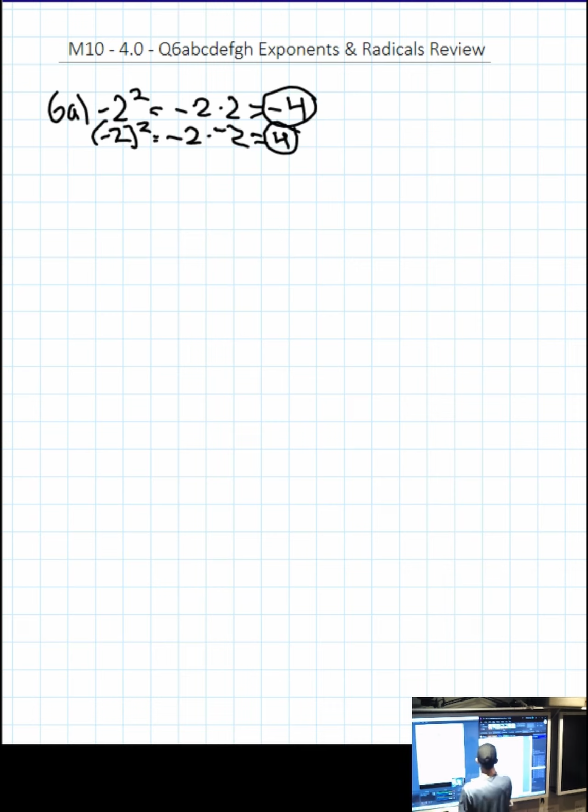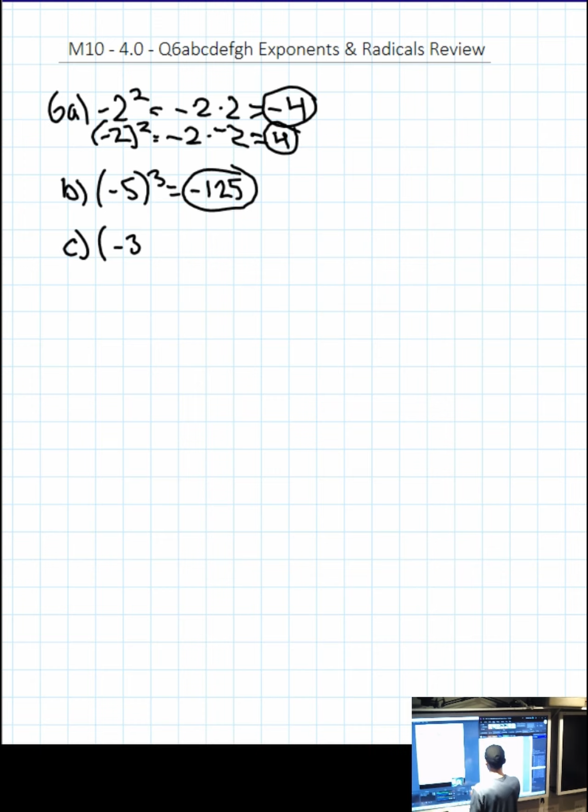Okay, B. So let's take -5 cubed. So I'm not going to write out the multiplication each time. We're cubing the negative, which means we're going to be negative, and 5 cubed is 125. Check that on your calculator. Check all of them on your calculator. C. -3 to the 4.